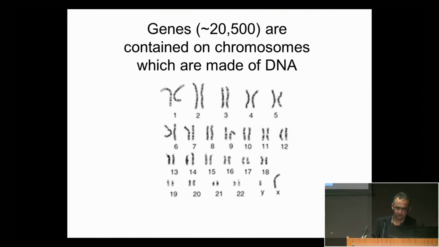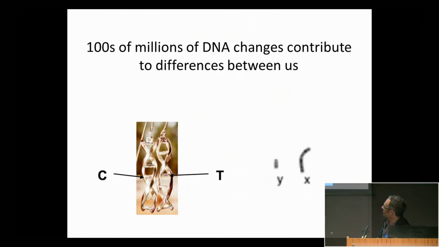We know there's 20,000 genes in the genome spread throughout your chromosomes, and just to illustrate the importance of genetics, there's this X and Y here, and that's the difference between men and women. A large piece of DNA, but that is the difference.